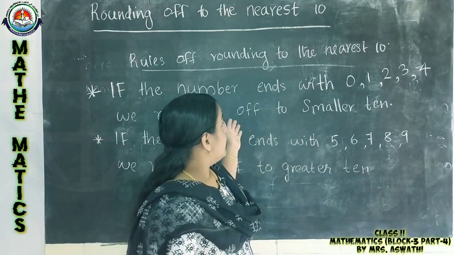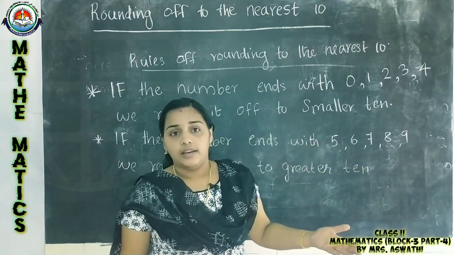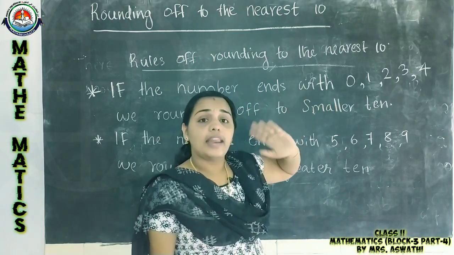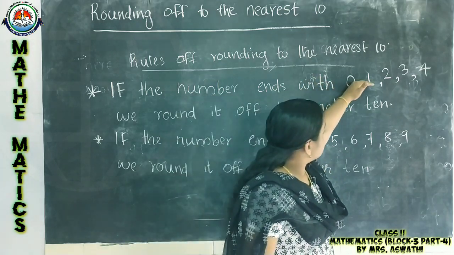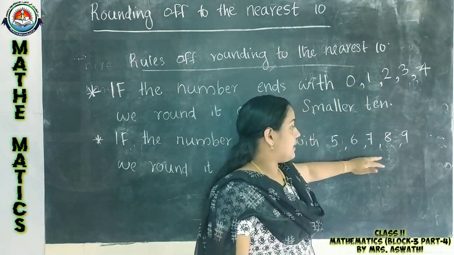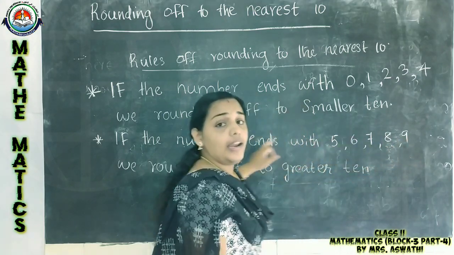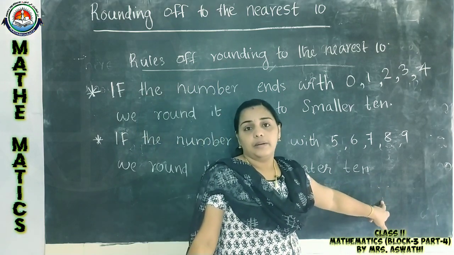For example, I give you 99. 99 ends with 9. So which category does 9 come in? The second category. Ends with 9, we can round off this number to the greater 10.